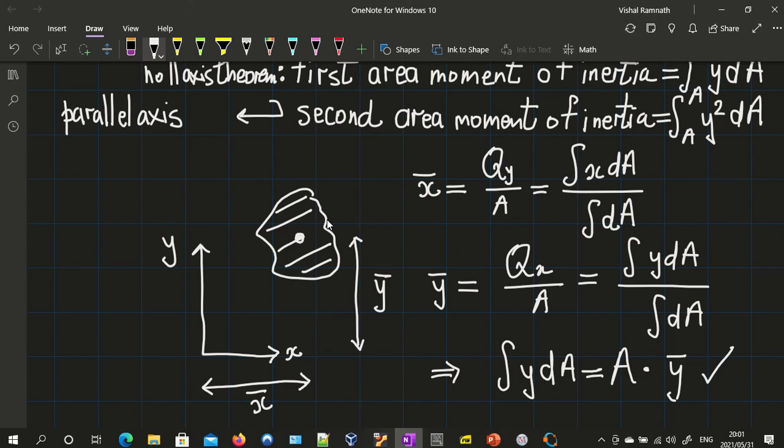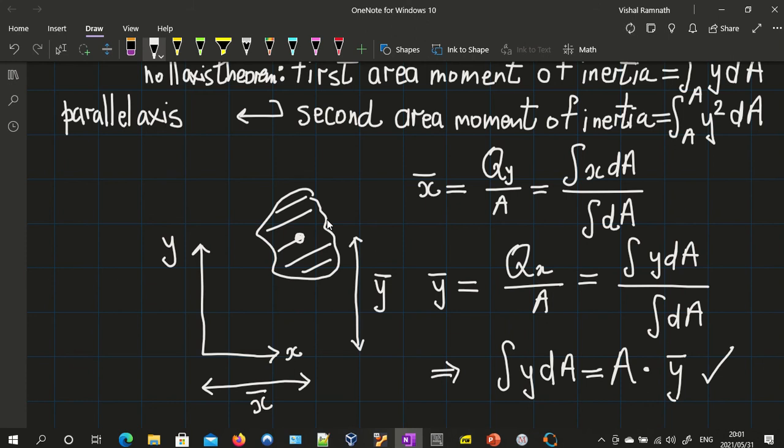The integral of y dA is area times y bar. So if we have a vertical axis, a horizontal axis, and we want to work out the integral of y dA, we just take the area, find the distance from the centroid to the horizontal axis, and that is the first area moment of inertia.